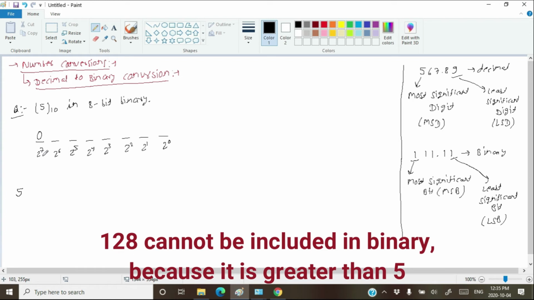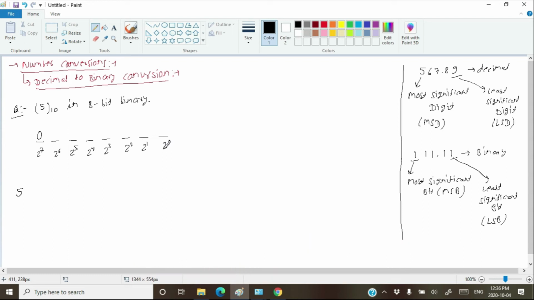What you can include or cannot include should be checked from left to right, that means from the most significant bit to the least significant bit. The weights should be given from right to left, but when you check whether you can include a bit or not, that should be checked from left to right.